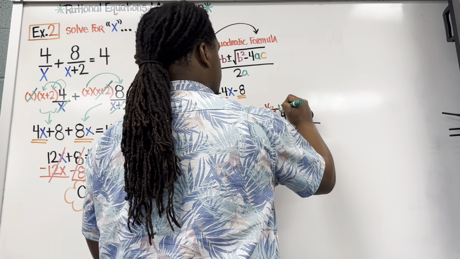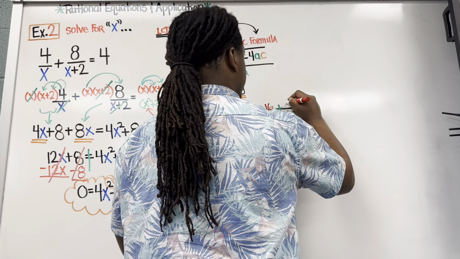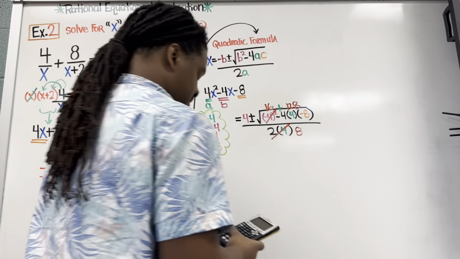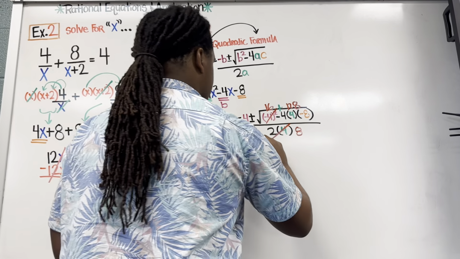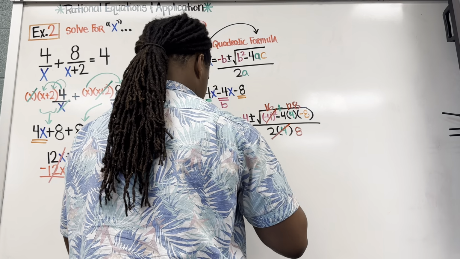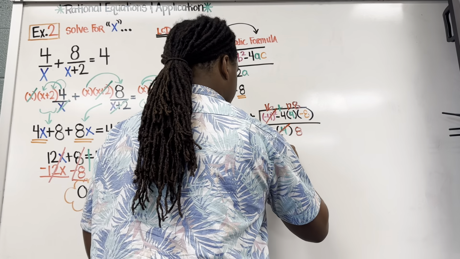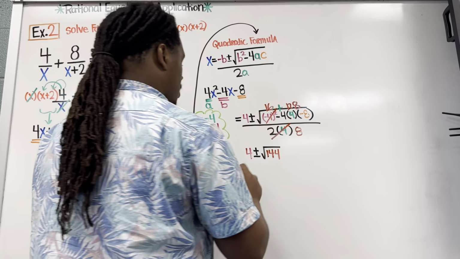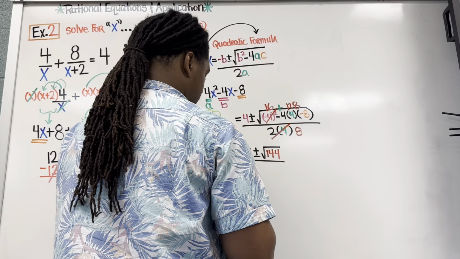So inside, guys, it's going to turn into 16 plus 128. All right, the square root of 16 plus 128. Okay, and then 16 plus 128 equals 144. So we can rewrite this as 4 plus or minus the square root of 144, right? Because 16 plus 128 equals 144, all divided by, and remember, guys, 2 times 4 is 8. That's why I put 8 there. So all divided by 8.